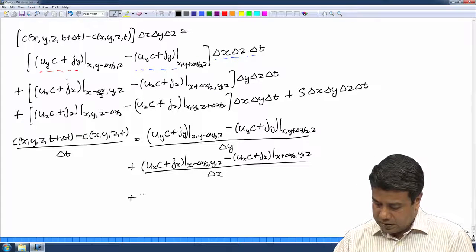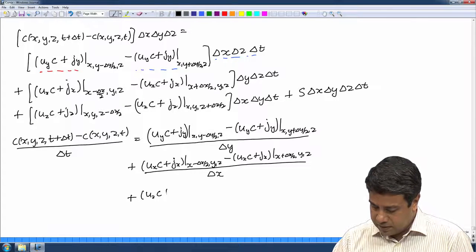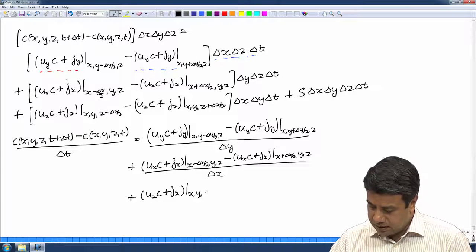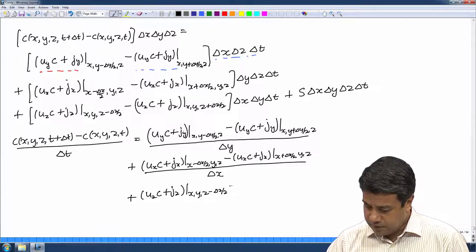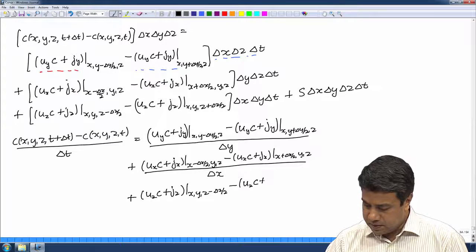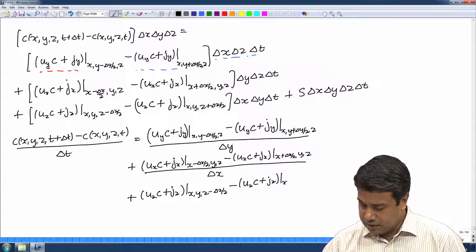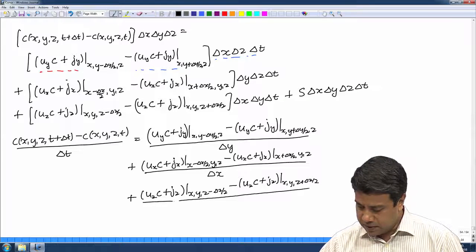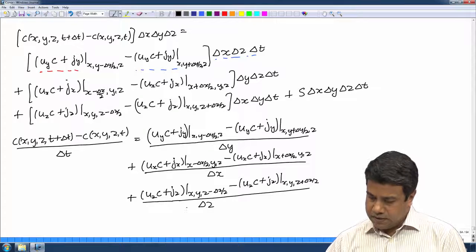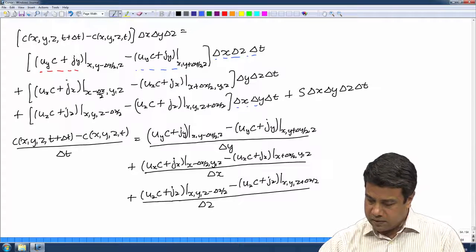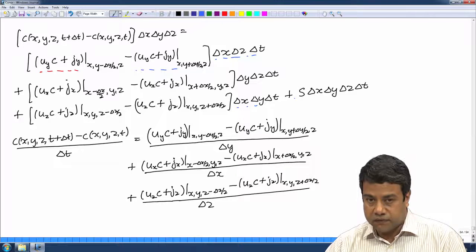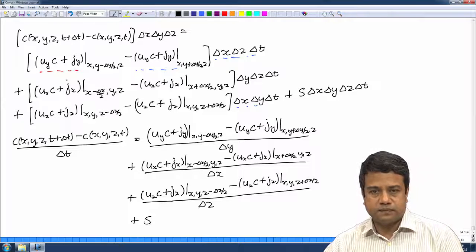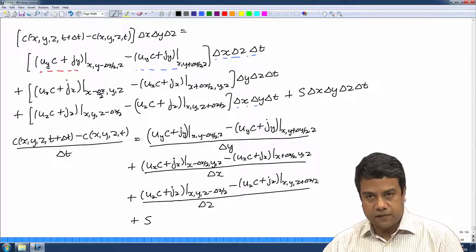And then in the z direction, you will get u_z c plus j_z at (x, y, z minus delta z by 2) minus u_z c plus j_z at (x, y, z plus delta z by 2), the whole thing divided by delta z. That is because here my area was delta x delta y and I was dividing throughout by volume, plus the source term. So, that is the difference equation.